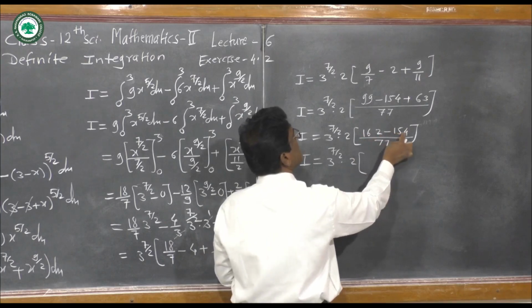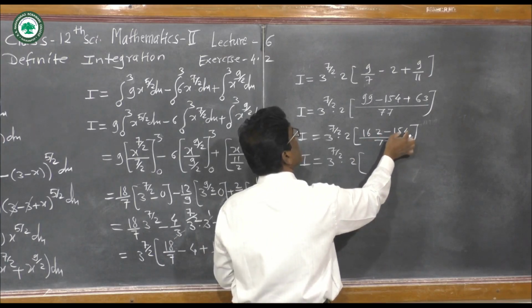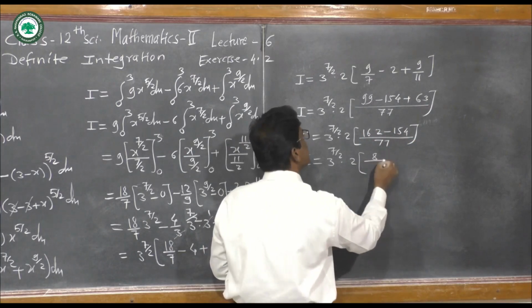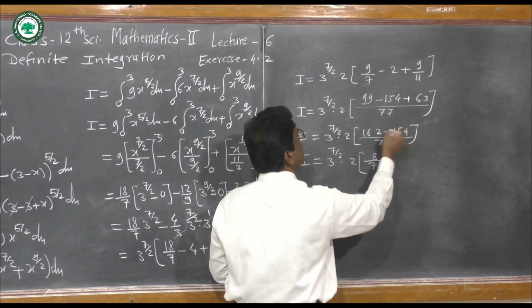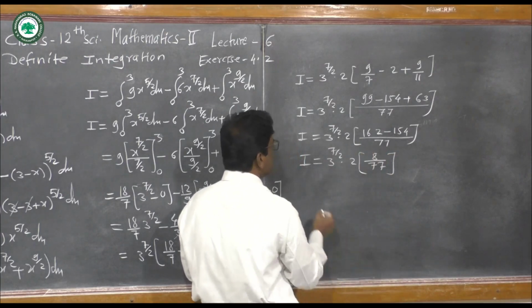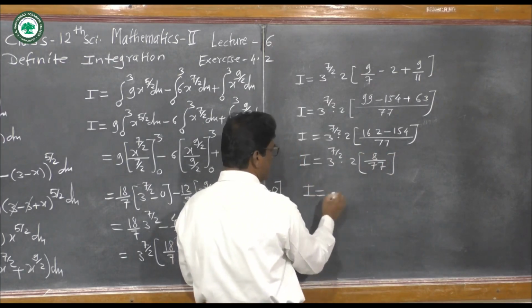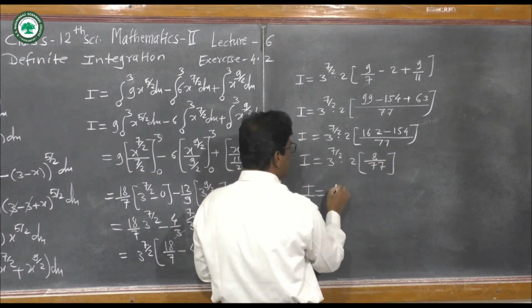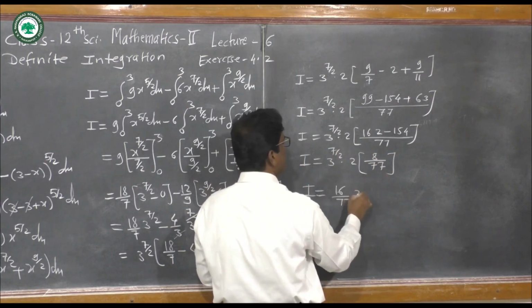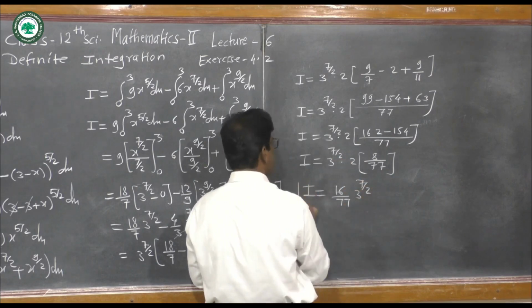Now 162 minus 154, 154 plus 6 is 160 and plus 2 that is 8. So 8 upon 77. When we take the subtraction of numerator it is 8. And now 8 into 2 is 16. So we get here I is equal to 16 upon this 77 into 3 to the power 7 by 2. This is the final solution.